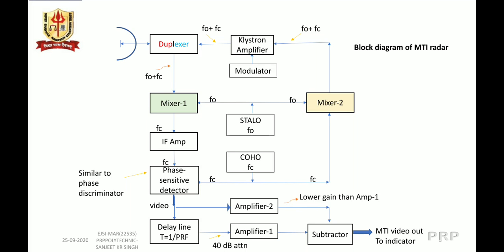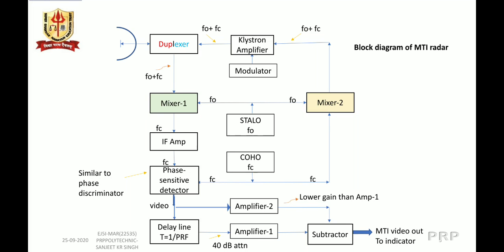One is the stable local oscillator generating frequency FO, and there is another higher frequency, the coherent radio frequency local oscillator, FC, which is fed to mixer 2 as well as the phase sensitive detector.